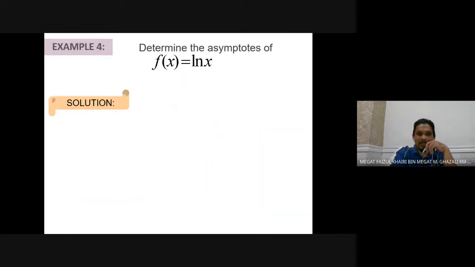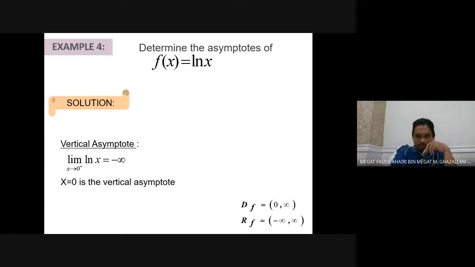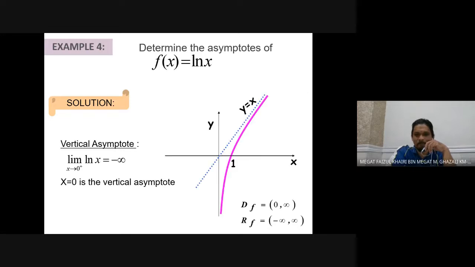So determine the asymptote of f(x) equals natural log of x. Okay, when x approaches 0 from the positive side, natural log of x equals negative infinity, so x equals 0 is a vertical asymptote.